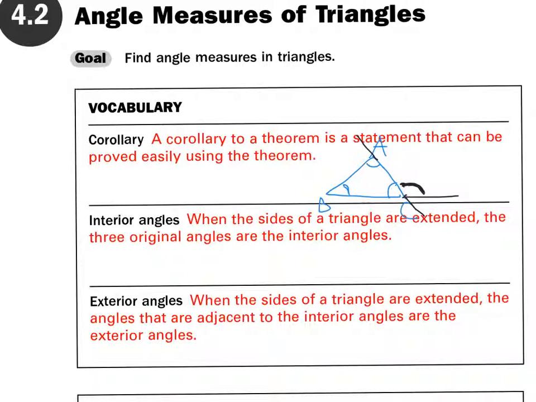But this part, the black part, is adjacent to the interior angle C. So I'm going to call this C prime, maybe. That's called an exterior angle, because the angle C prime is outside the triangle, but it's adjacent to an interior angle. And as you can see, you have to extend one of the sides in order to find that exterior angle. Okay?